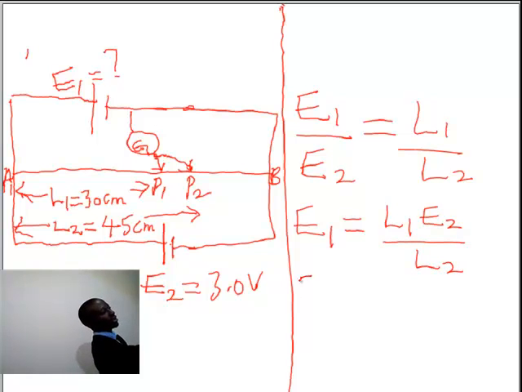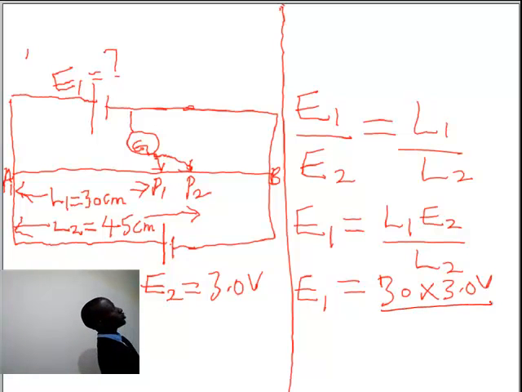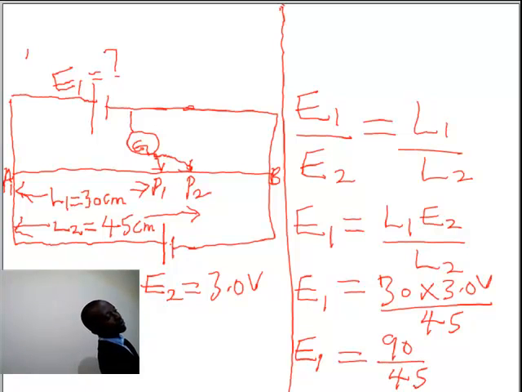This implies that E1 equals, since L1 is equal to 30 centimeters, multiplied by E2, which is 3.0 volts, divided by L2, 45 centimeters. E1 equals 90 divided by 45 volts, which is equal to 2 volts.